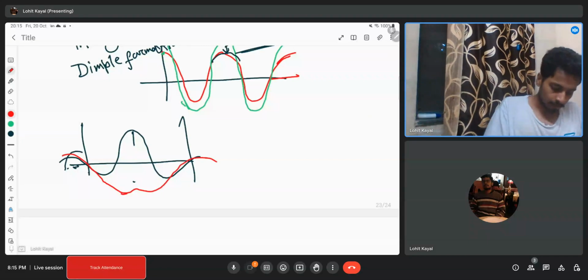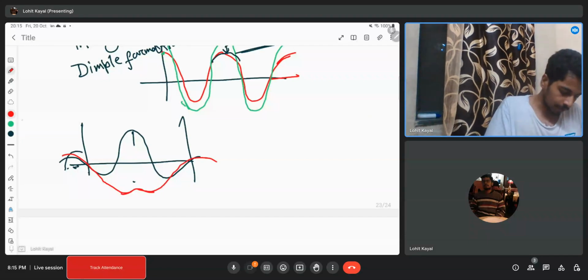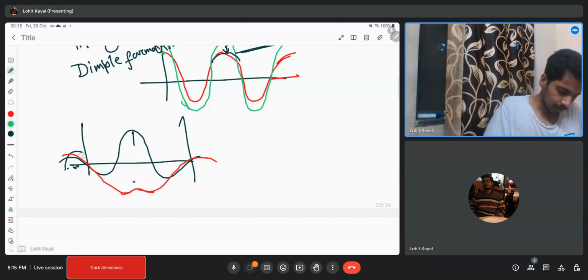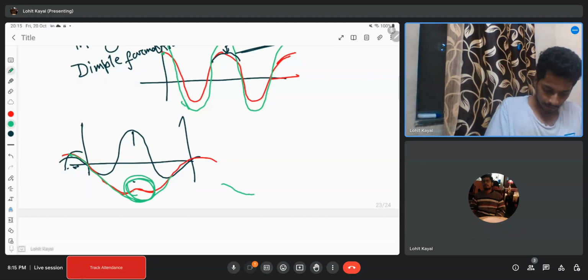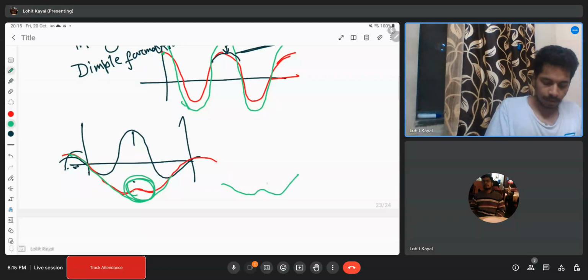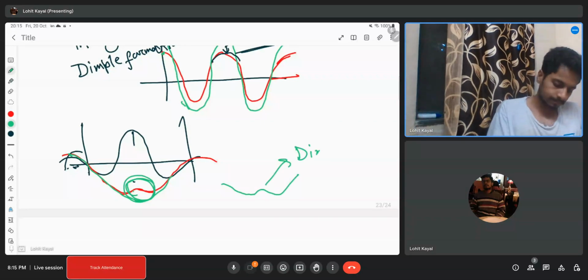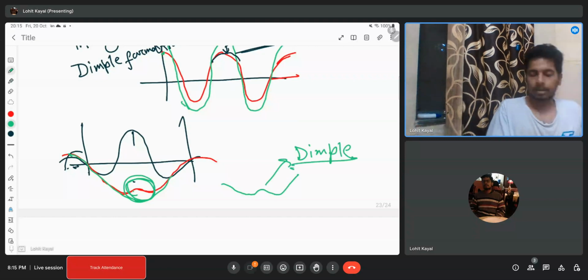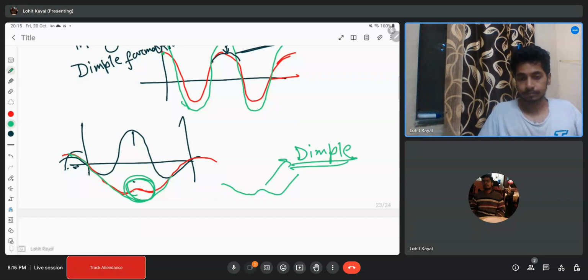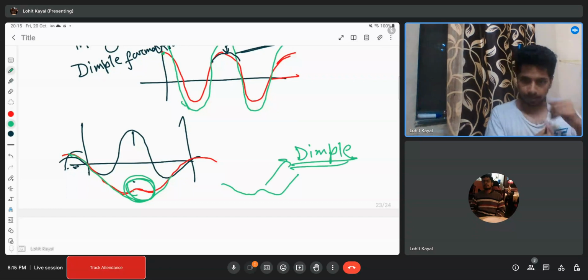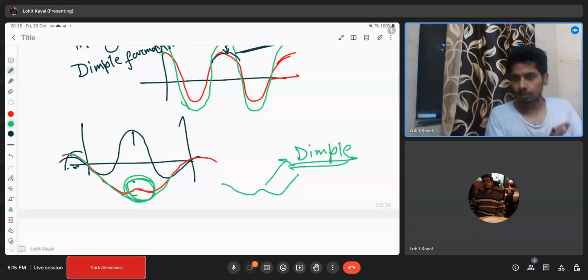The linear theory will predict something shaped like this, but this small curvature change, this coming down and suddenly this shape, is called a dimple. It is a property of the nonlinear theory, and from the nonlinear theory we can capture that. So we have discussed all these things.